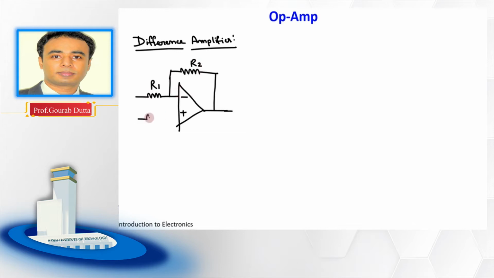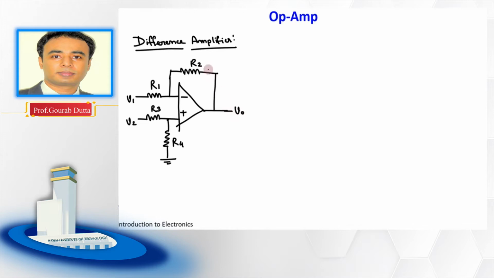Here we have also one resistor connected with this non-inverting terminal, which is R3, and here we have another resistor, which is R4, right? And we have two signals here, not one signal, right? One signal has been applied to this inverting terminal and the other signal has been applied to this non-inverting terminal, and this is the output.